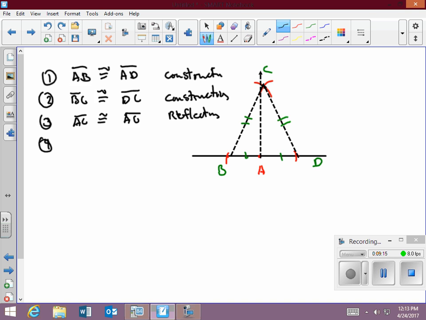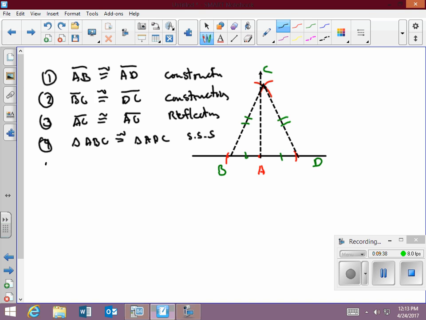Then you have triangle ABC is congruent to triangle ADC by side, side, side.